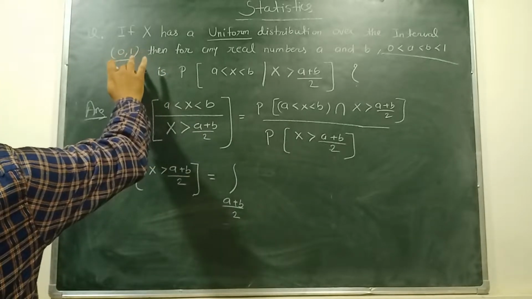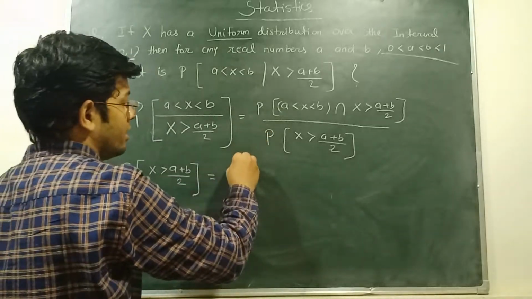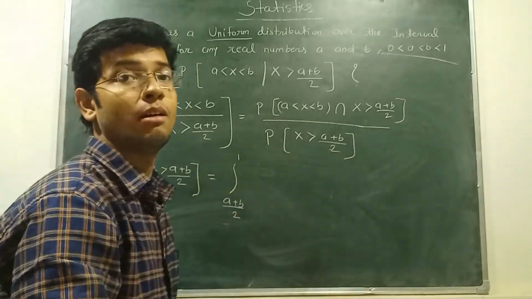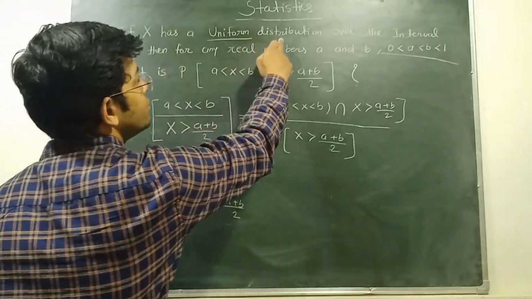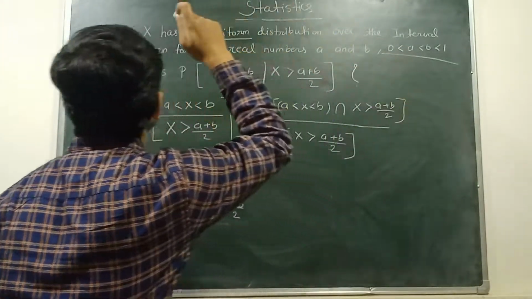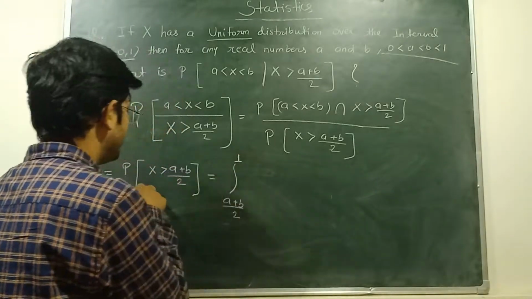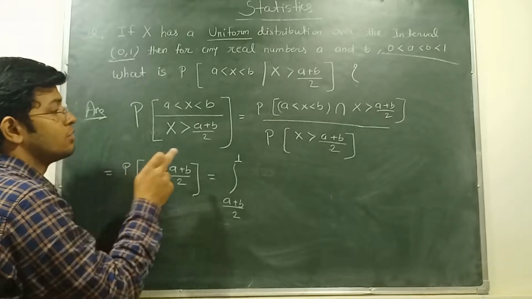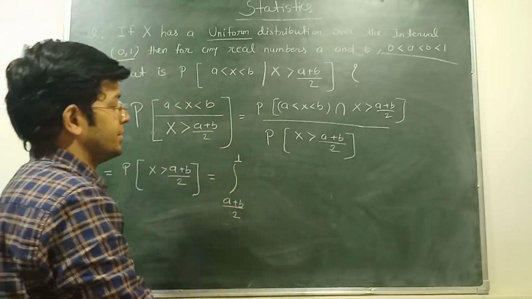Because the uniform distribution lies in the interval 0, 1, our upper limit will be 1. We have not been given the upper limit directly, so we can write 1 because of the question.